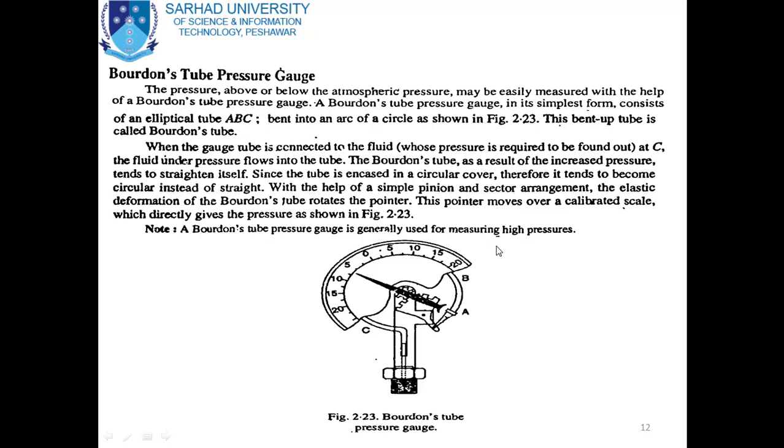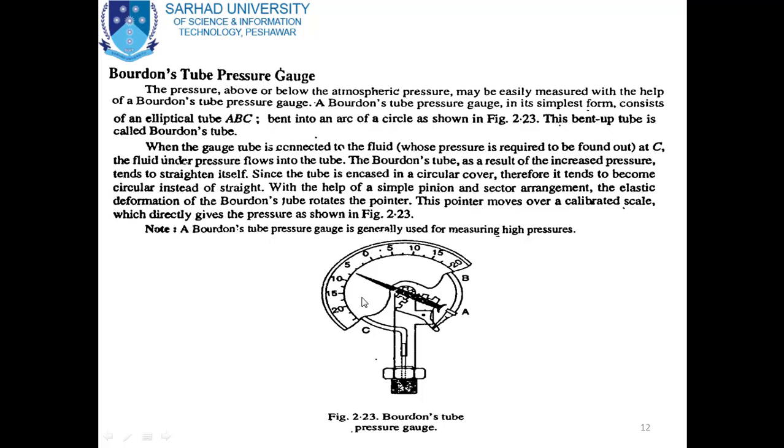The Bourdon's tube consists of an elliptical tube ABC as shown in figure, which is bent into an arc of circle as shown in figure. This bent up tube is called Bourdon's tube. When the tube gauge is connected at C to the fluid whose pressure is to be found out, the fluid under pressure flows into the tube.